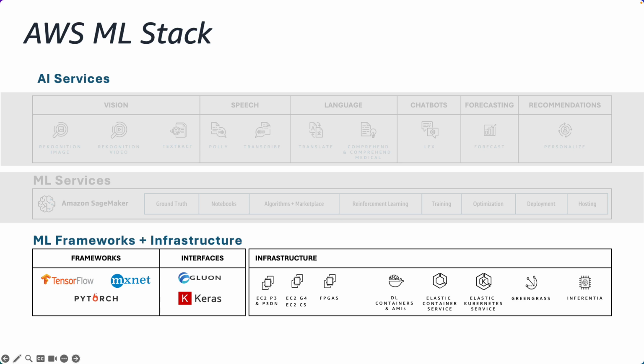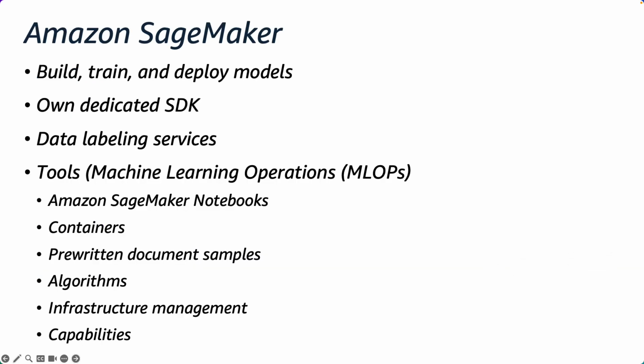And remember, for your workloads in AWS, you can choose from 3 different levels of machine learning services. You have machine learning frameworks and infrastructure, machine learning services, and artificial intelligence services that you can use for different use cases. Here's a question that we already talked about in an earlier lesson. What makes Amazon SageMaker different from other AWS services?